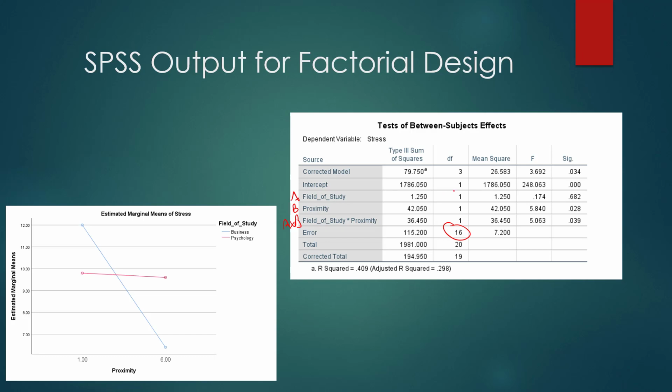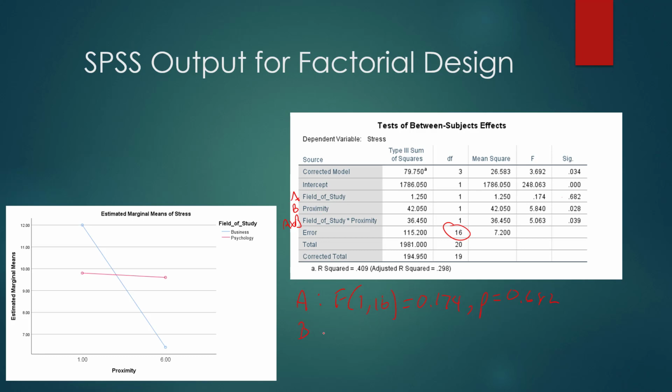If we were to write this out for field of study, which is our factor A, we would write out F, with degrees of freedom of 1 and 16. Our F value was 0.174. Our p value, now that we know the exact p value, we report that.